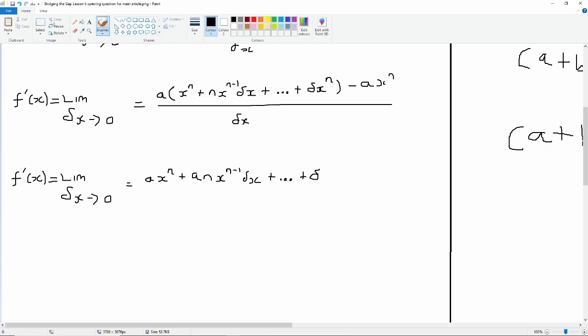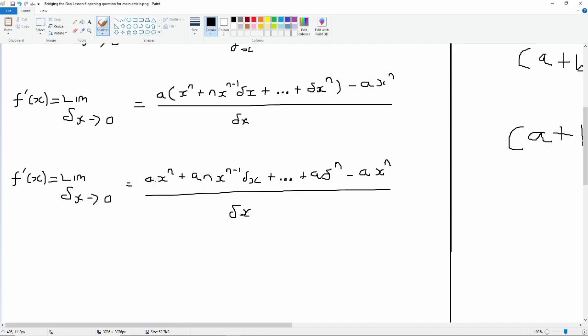No, that should be a. So this is a times delta x to the power n, and then we're subtracting all that from a x to the power n, and then this is all divided by delta x.